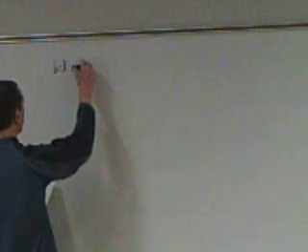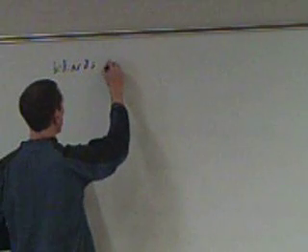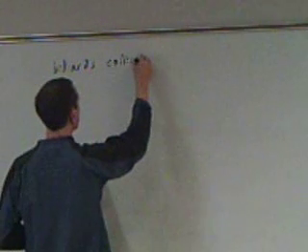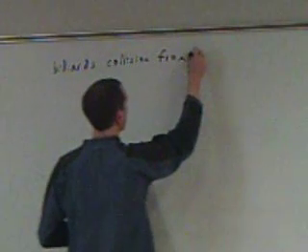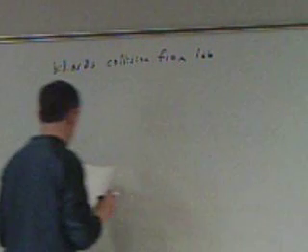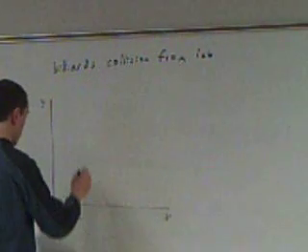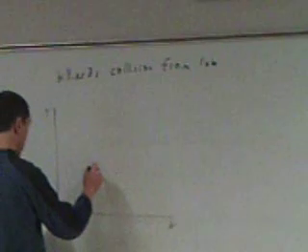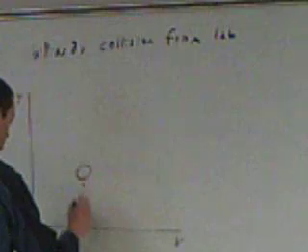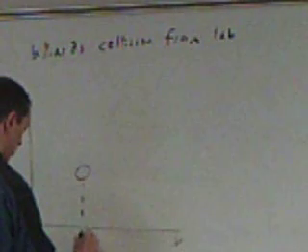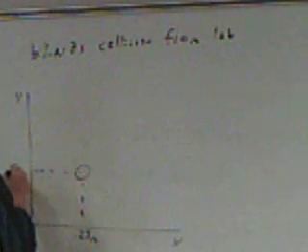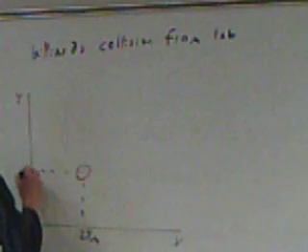So this is the billiards collision from last time. The setup was like so. We have x over here, y over here. We had the one ball, the object ball, started off here with this being at 0.25 meters, this also at 0.25 meters.